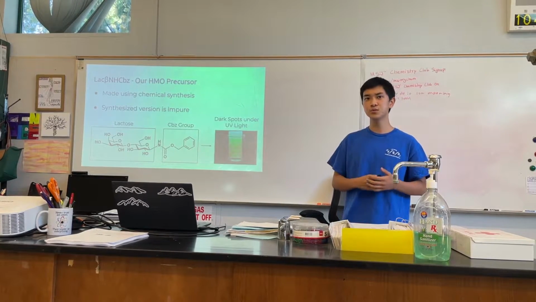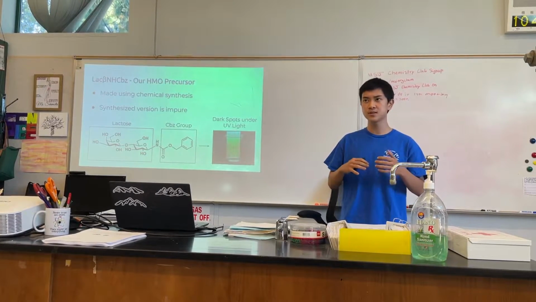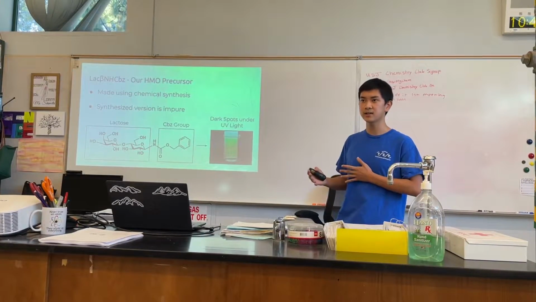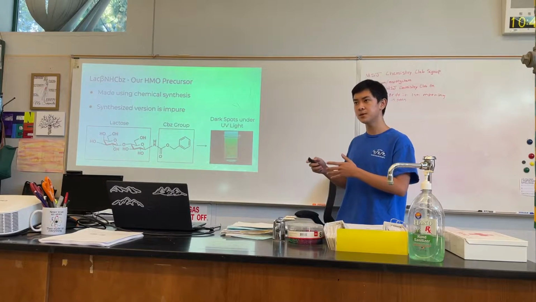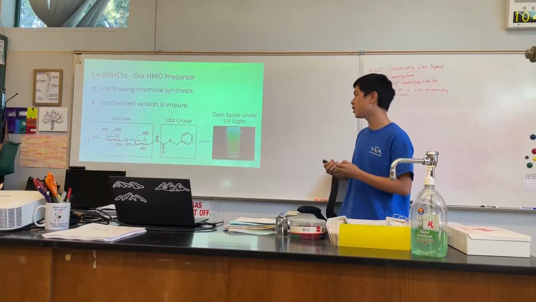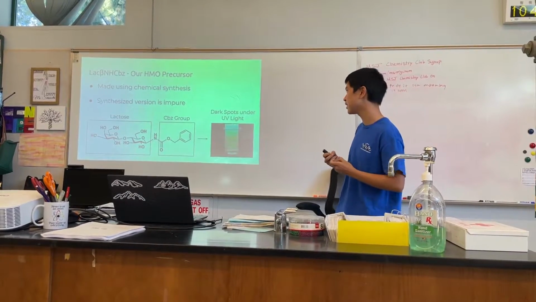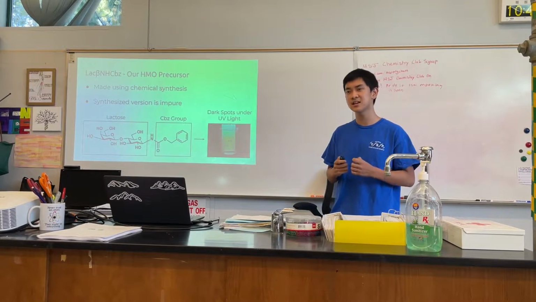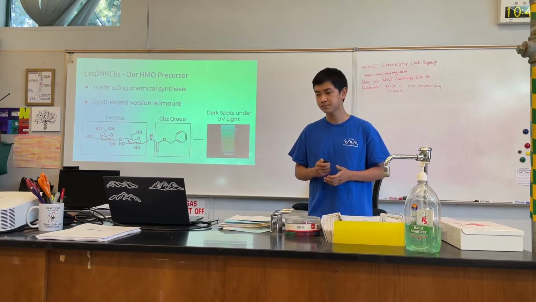In order to attach a CBZ group to the HMOs, we like to do it at the very beginning and attach it to our lactose. If you remember, all HMOs can be built from lactose. So if we attach it in the beginning, it helps remove a lot of the complications from deciding where to attach it. This can be really simply made using chemical synthesis. However, the synthesized version is really impure.